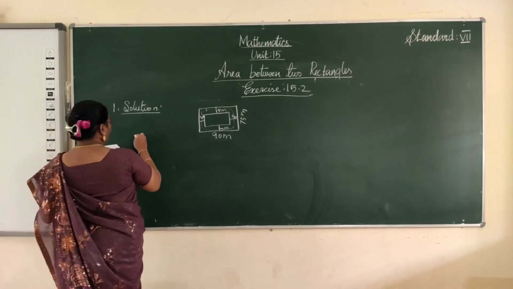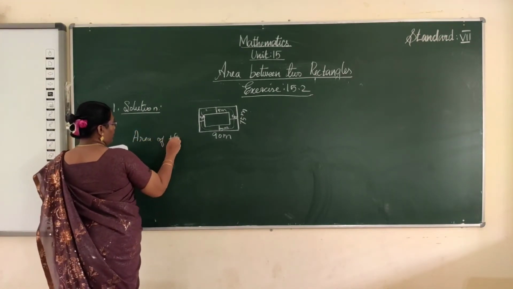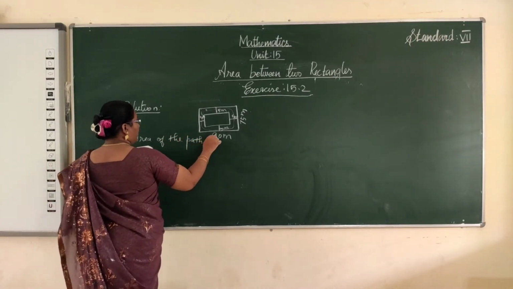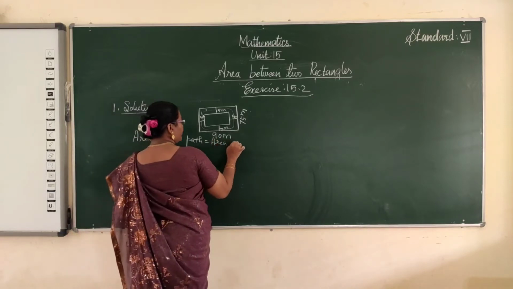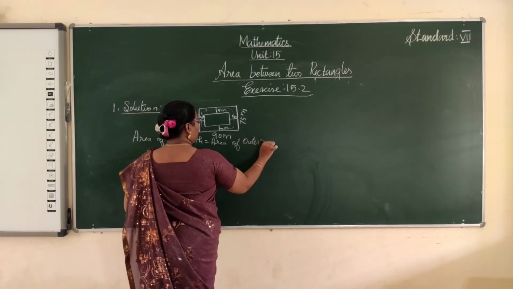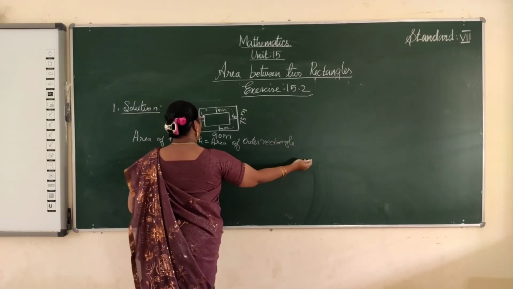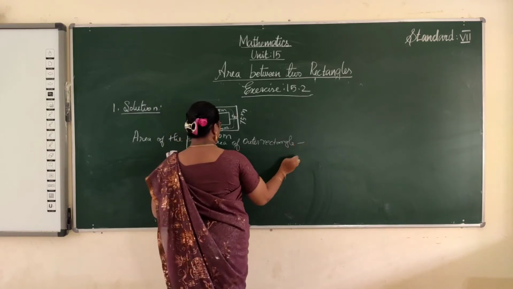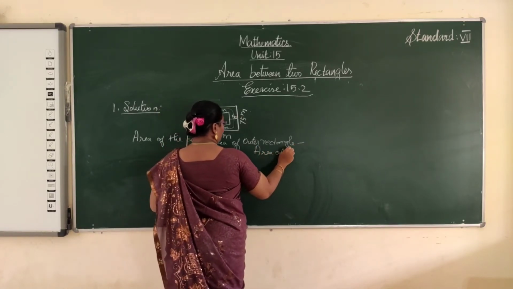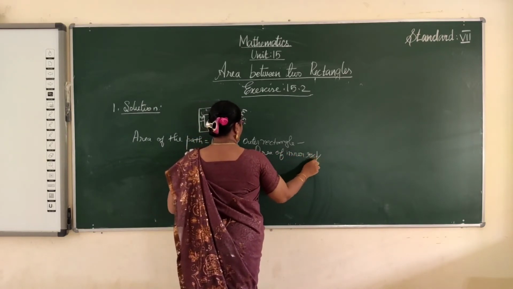So what is the formula? Area of the path is equal to area of outer rectangle minus area of inner rectangle.